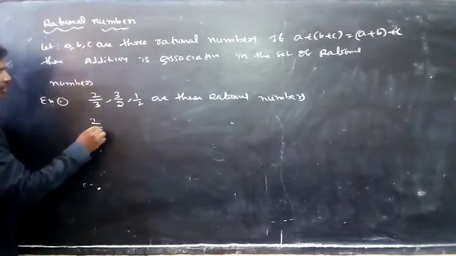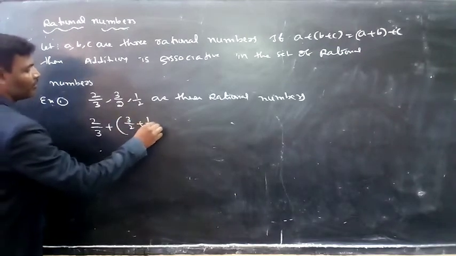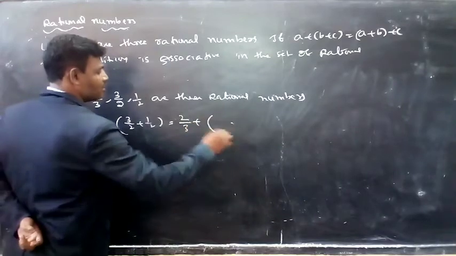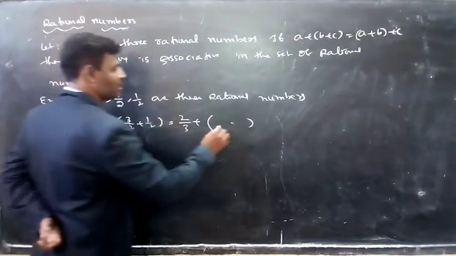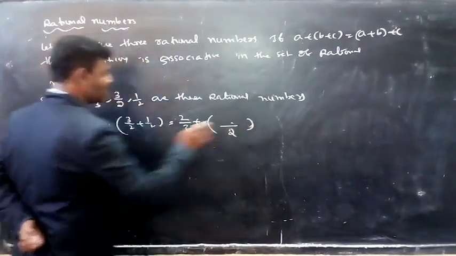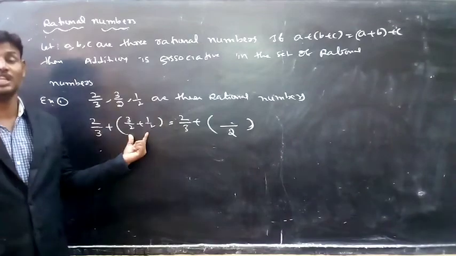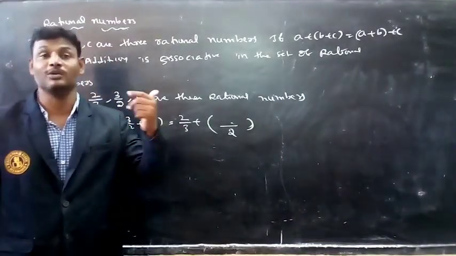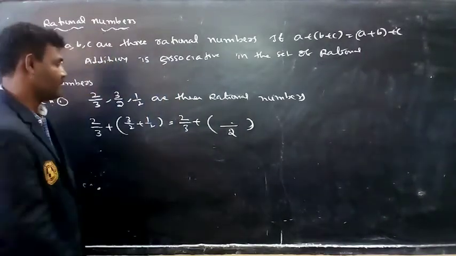Here what I am doing? (2/3 + 3/2) + 1/2. These are fractions, so I need to take the LCM. Here, 3/2 and 1/2 have equal denominators. These two are called like fractions.